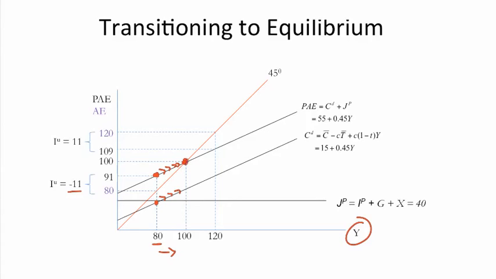And this process continues until production hits 100, because at 100 the planned aggregate expenditure of the economy corresponds to production. There's no longer an unexpected change in inventories. The economy has reached its equilibrium.